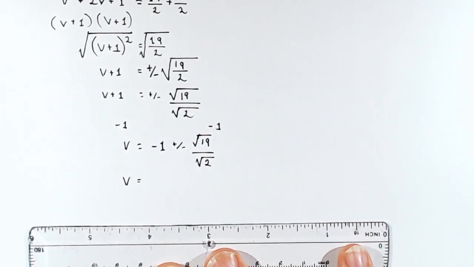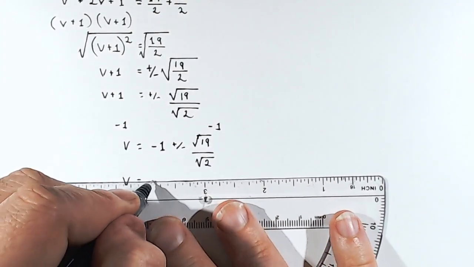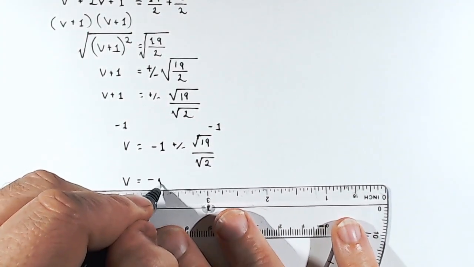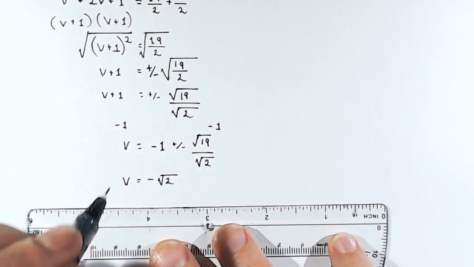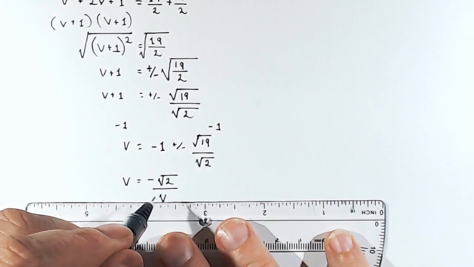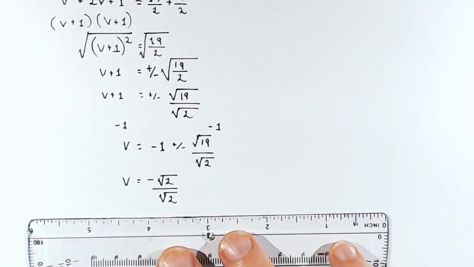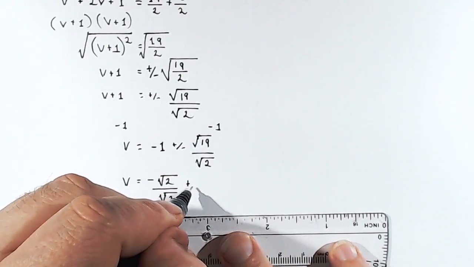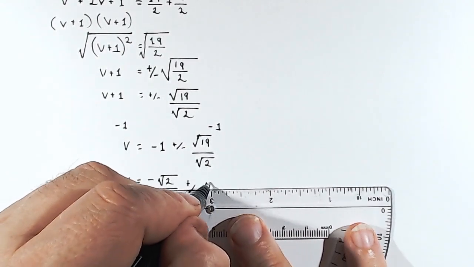So in the numerator, I have -1 times the square root of 2, so that negative square root 2 over square root 2. Do you see how that still equals -1? And then I have plus or minus the square root of 19 over the square root of 2.